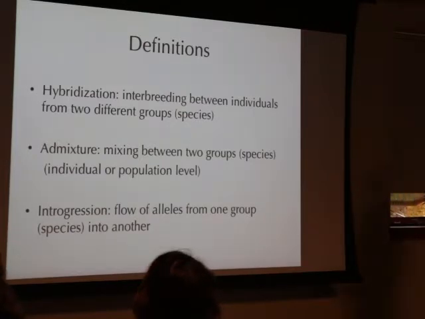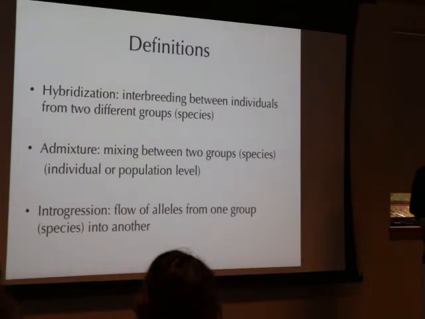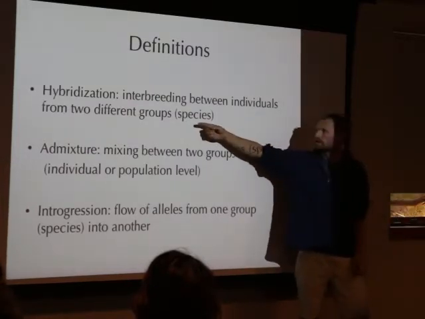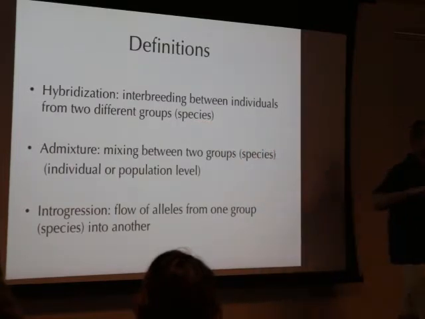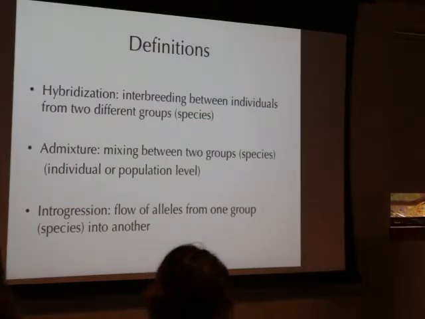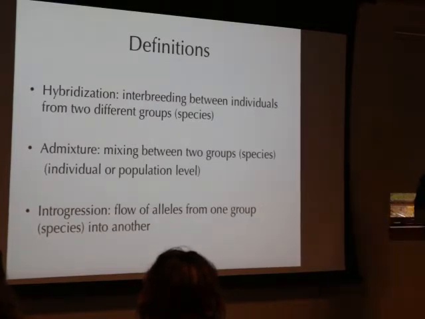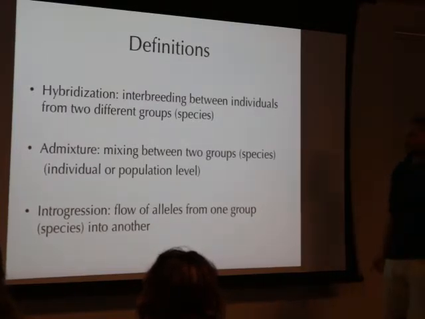But I think of hybridization as simply the process of interbreeding between individuals. And I say between two different groups (species). So it's often simplest to think of hybridization happening between two different species. But really, we can think of it between two populations or two groups, however we would want to define those groups. And hopefully those groups have some biological reality, however we're defining them.